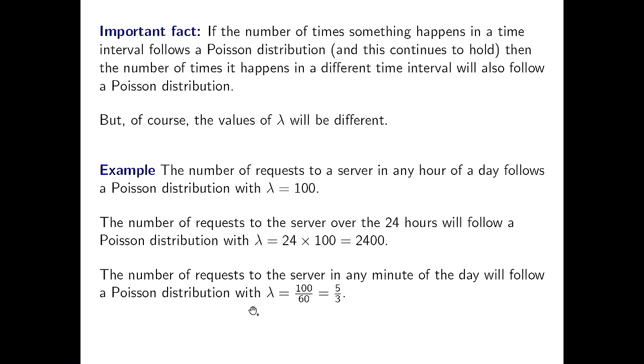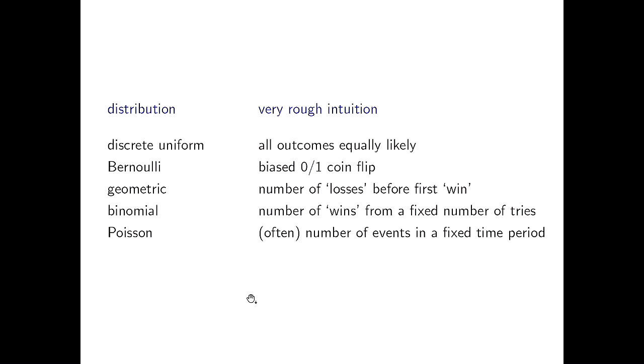To scale it, you can just scale your average number of things. Okay, so all the things we said before, Poisson is often the number of events in a fixed time period, right, where we have a particular average.